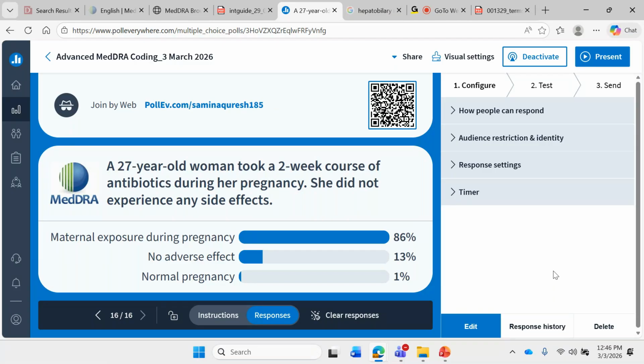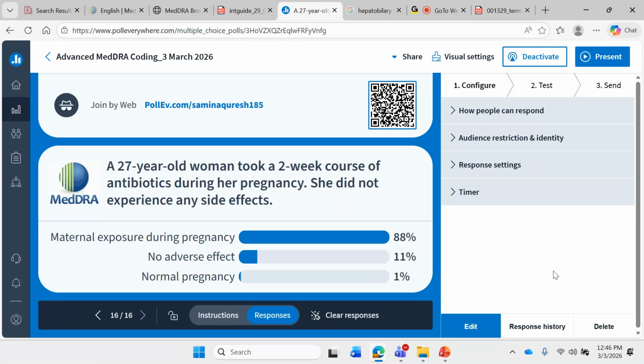Now, of course, you could, in the alternate approach, also code that and no adverse effect, but our preferred approach that we've been looking at, as well as in the PTC document, is not to code absence of an adverse effect, right? And of course, you can't choose normal pregnancy because we don't know. She didn't experience any side effect right now, but we don't know what happened towards the end of her pregnancy.